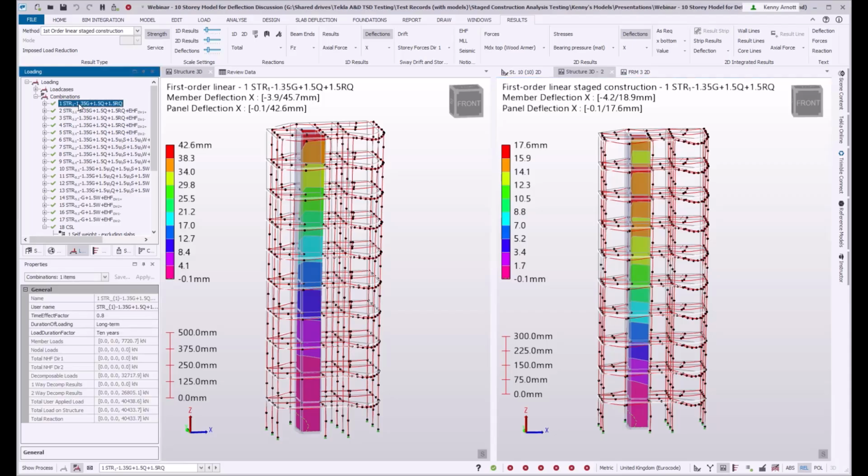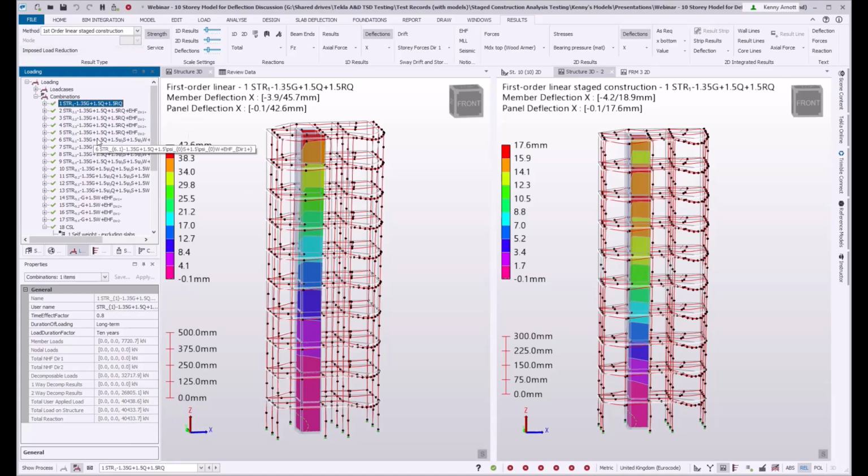Just one thing I can do here to show how the loads are totaling up. In the combination, you can tell from this that the total load is just over 40,000 kilonewtons, and you can see from this that there is no load applied in X and Y. It's all applied in the Z direction.